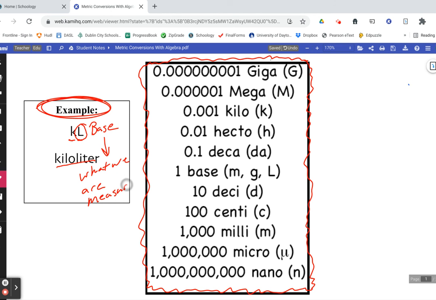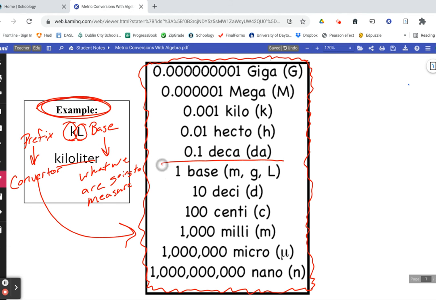The front part is called the prefix, and that's a fancy little English word, but all prefix really means in science is that the prefix is the converter. That's what this little box is telling us, what the converter is.